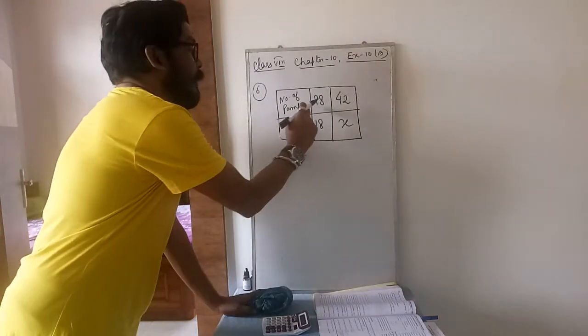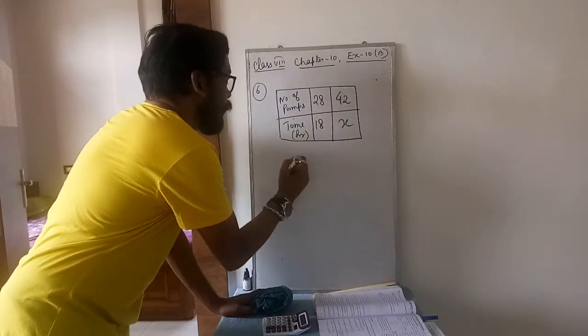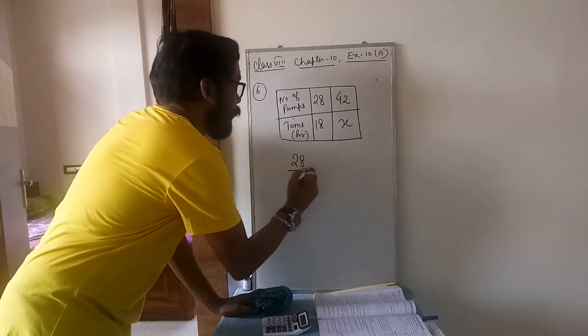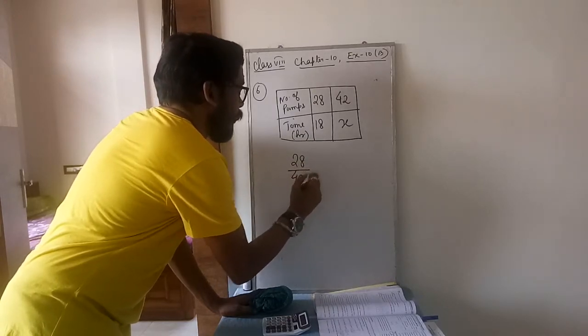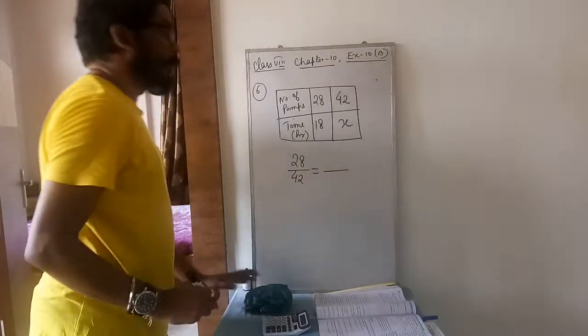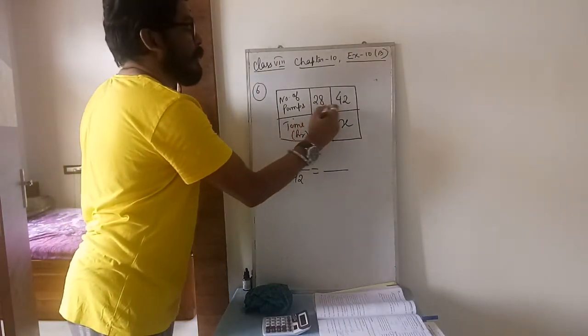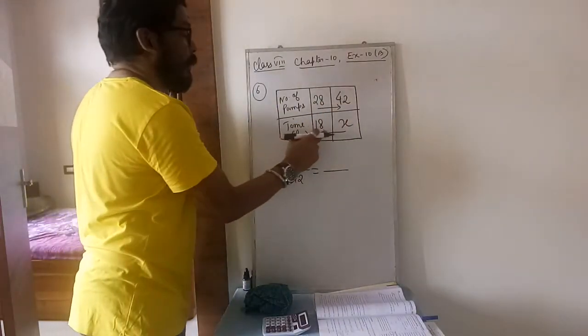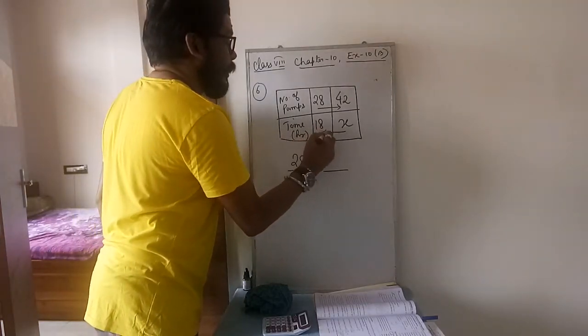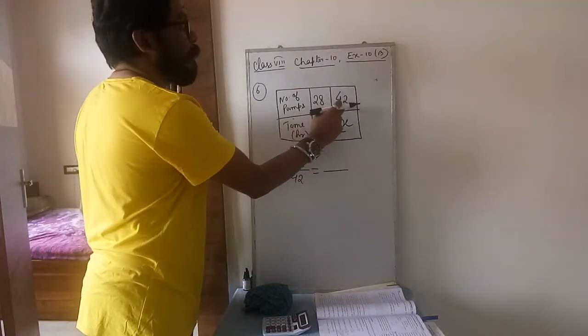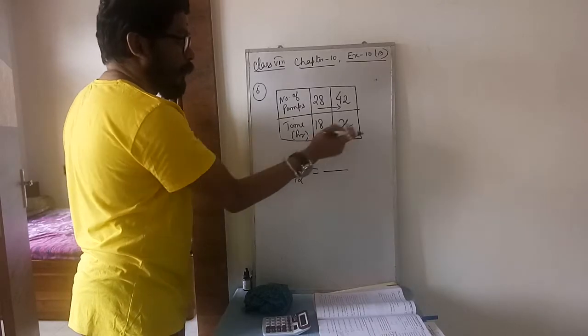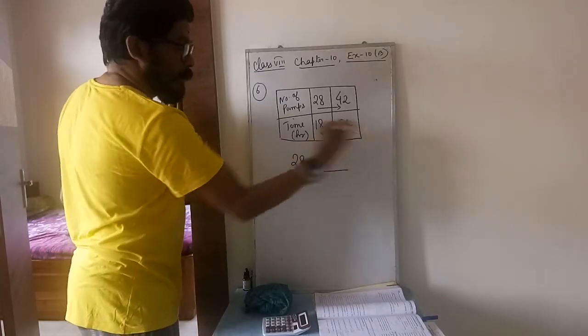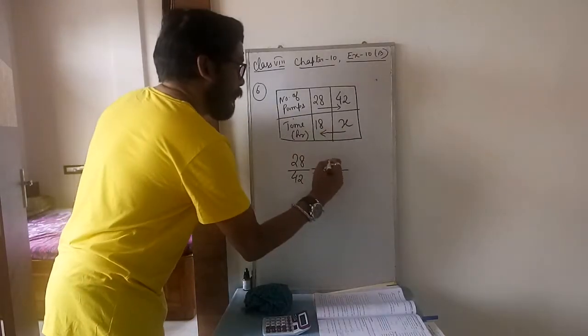So the ratio of these two, 28 by 42, will be equal to, how will you write? This one you have written in this direction, the other you will write in the opposite direction. I have just given the arrow sign to make it more clear. You have written 28 by 42. So when you write on the other side, you will just write the reverse, x by 18.